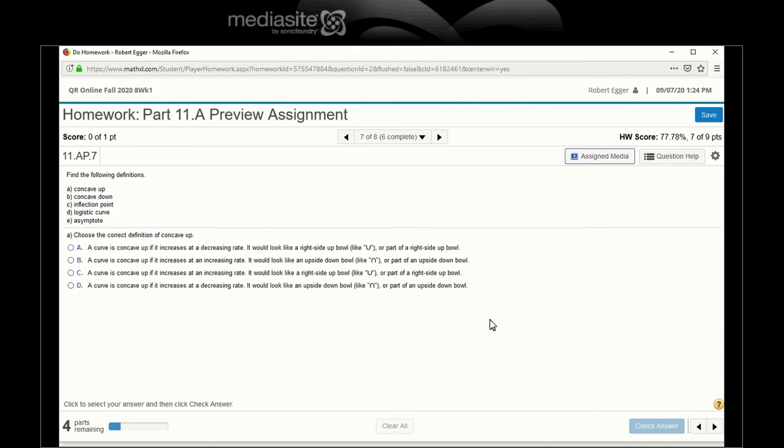A curve is concave if it increases at a decreasing rate. No, it's not this one. No, it's not that one. So it's got to be A or C. So let's see what it looks like.